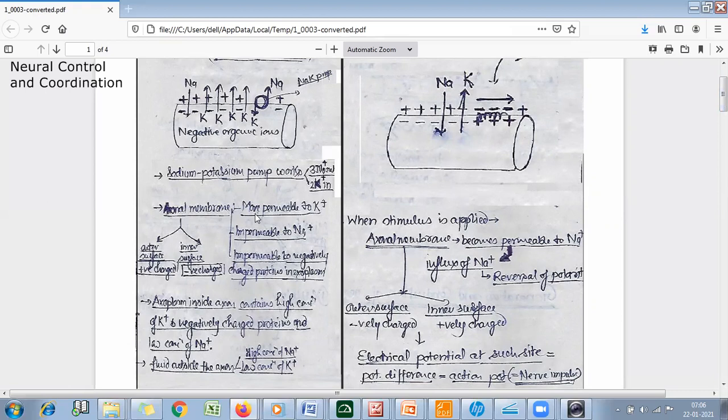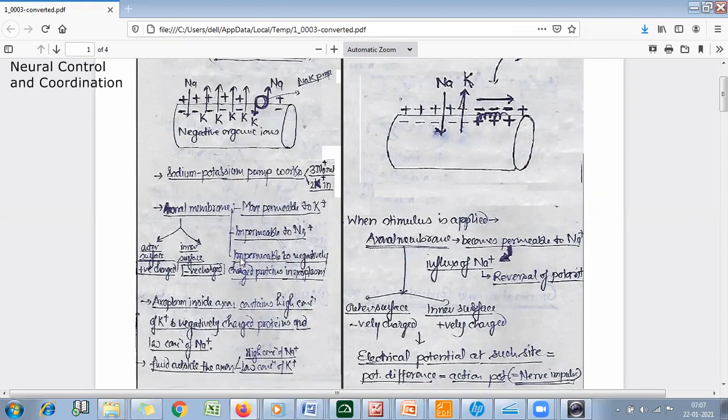Because at this stage, this membrane is more permeable to potassium ion. So the potassium present inside comes outside. It is impermeable to sodium, so very little or no movement of sodium takes place.